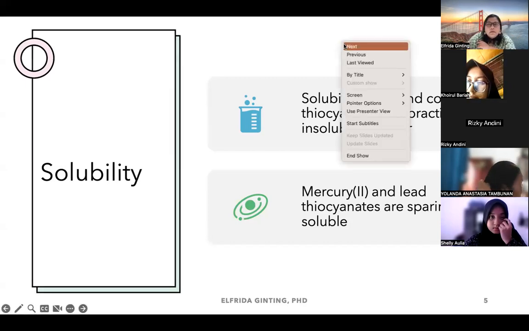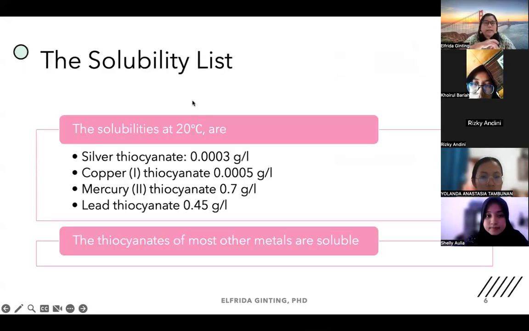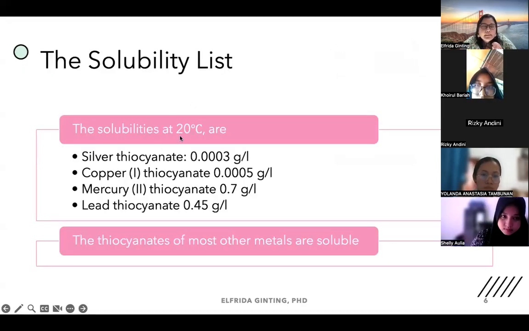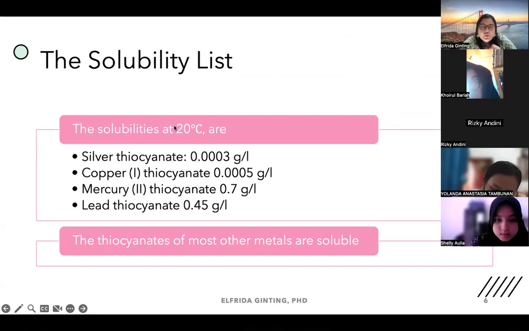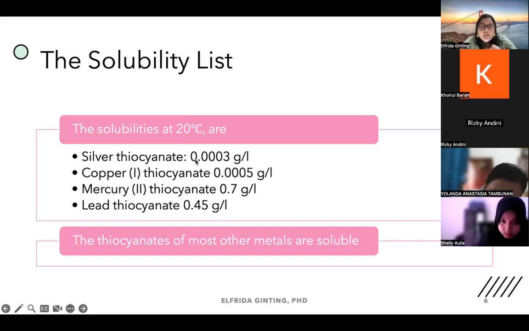Okay. Now next, so the solubility here, you can see the list. This is the data. The data should be at 20 °C, and you can see here silver thiocyanate. The solubility is 0.0003 gram per liter.